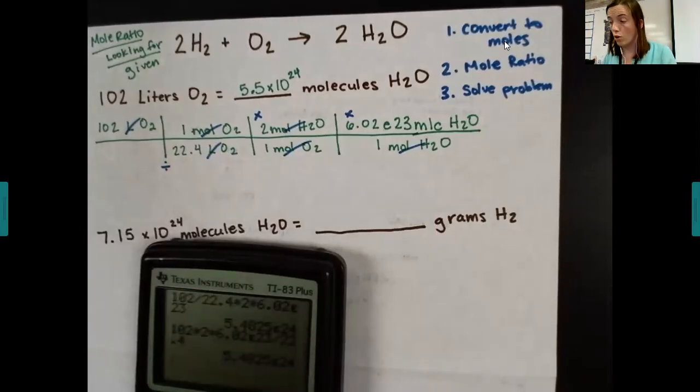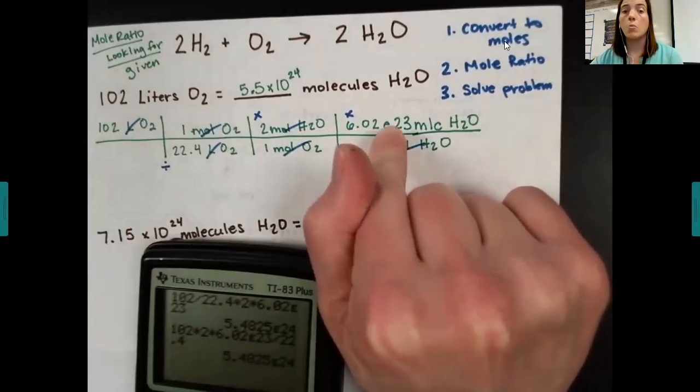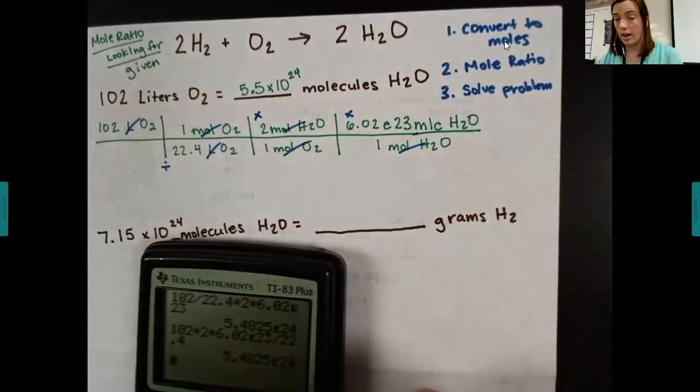As long as you're multiplying the correct numbers and dividing the correct numbers, you should be getting it correctly. Again, when you have numbers with exponents in them, make sure you're using the E function on your calculator or your phone calculator. The E function is really important.